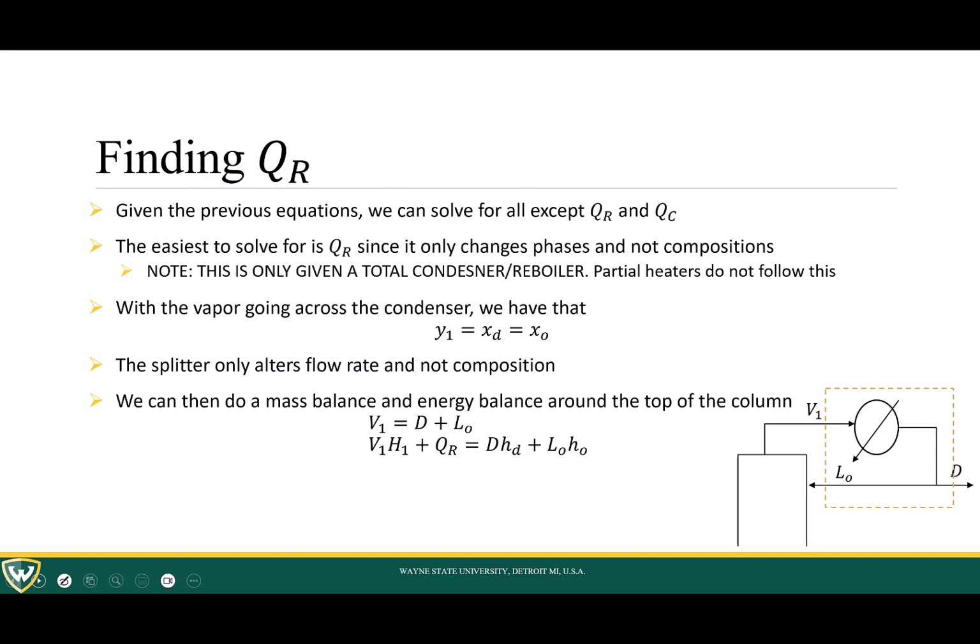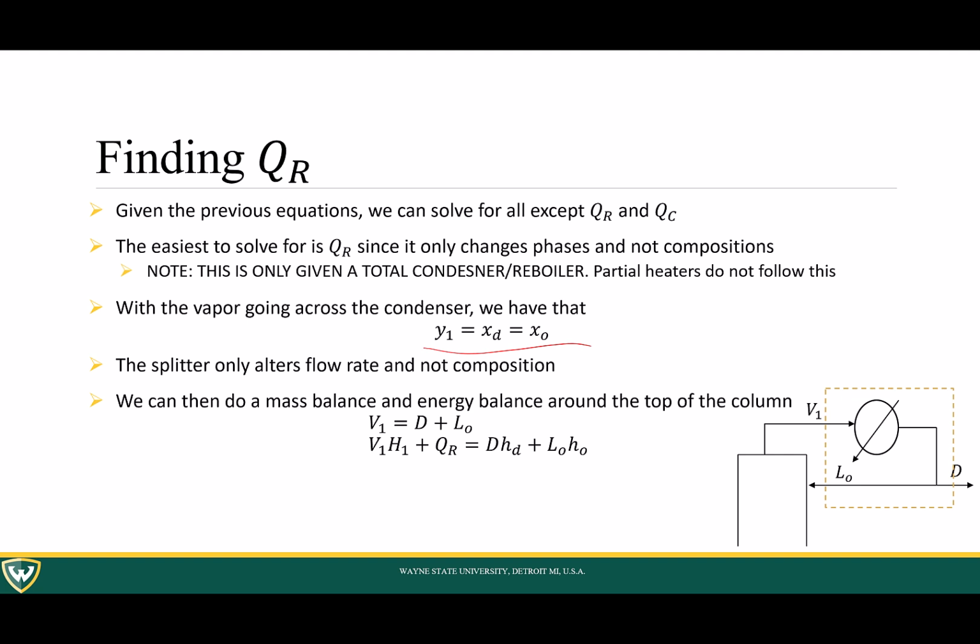So for finding the energy required from the reboiler, the easiest way to solve for it is to use the condenser, since it only changes phases and not composition. With the vapor going across the condenser, the composition of your most volatile component is going to remain unchanged. The only thing that's changing is your phase.